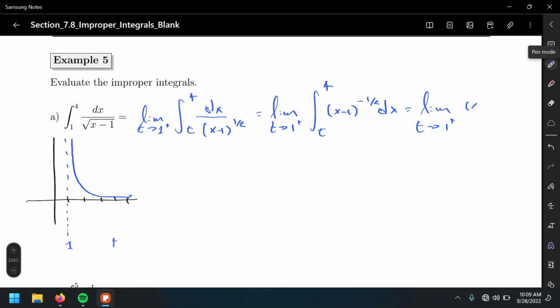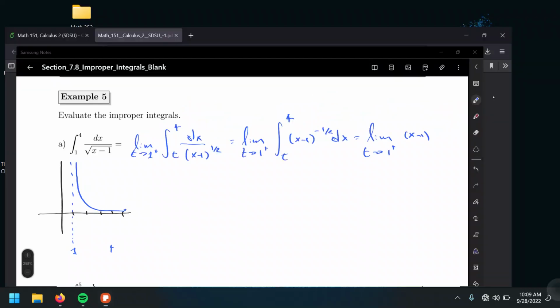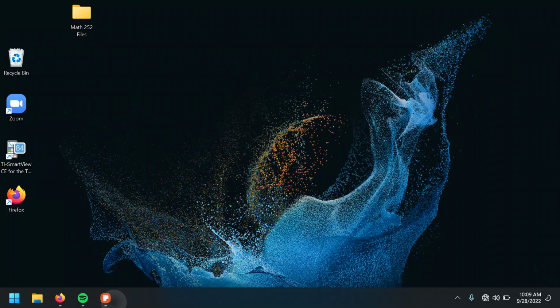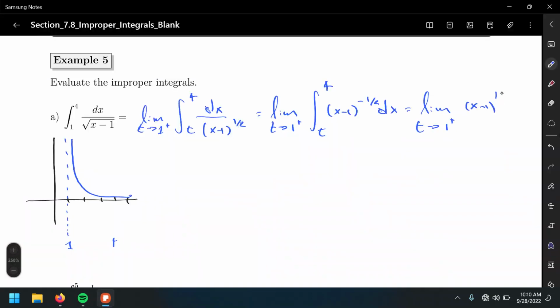And that's going to be x minus 1 to the -1/2 plus 1, which gives us a half, and divide that by 1/2, evaluated from t to 4. This means we keep the limit.